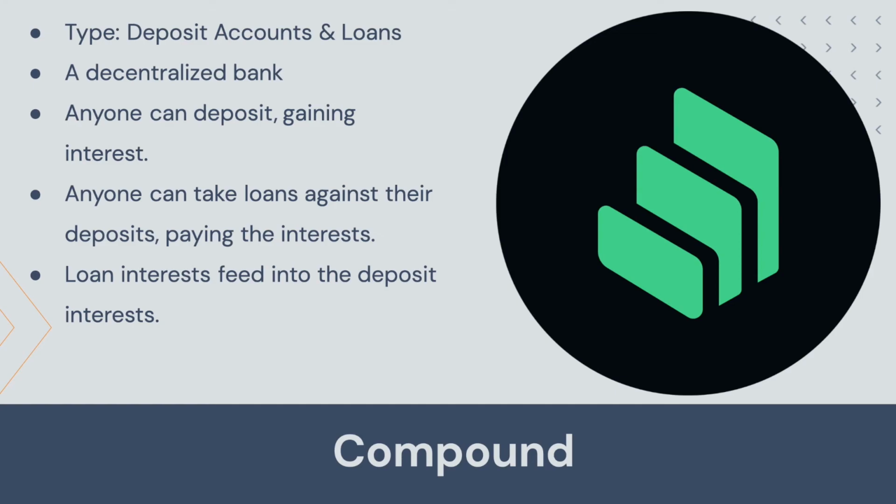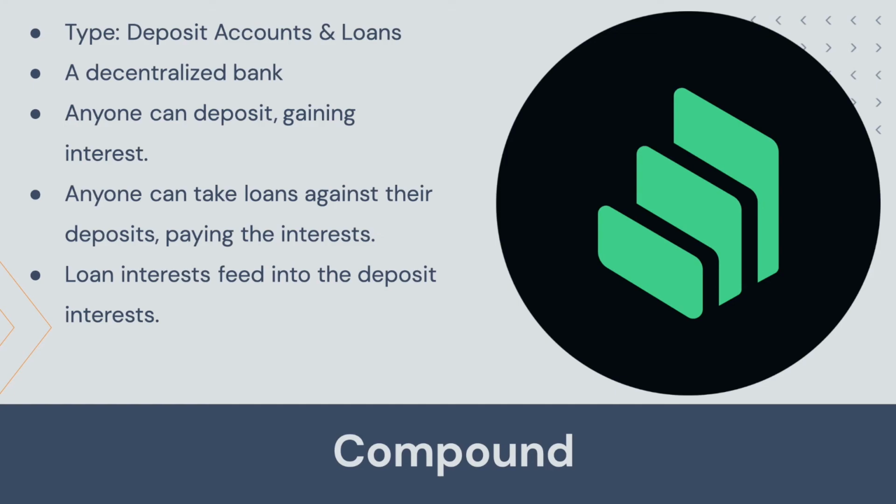The second platform is called Compound, and this is a deposit account and loans platform. This is essentially a decentralized bank. It's also a series of smart contracts operated by no human, where you can deposit your DAI and gain interest.